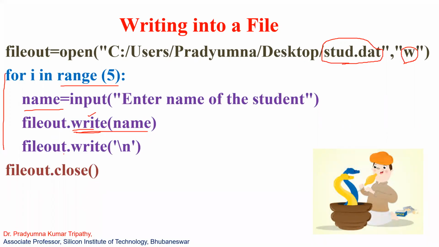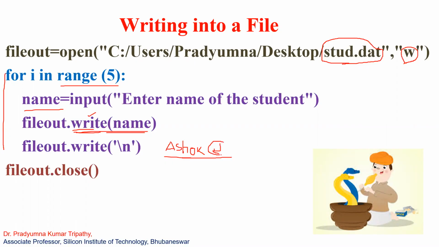After writing the name, it writes the \n character also. Suppose you have inputted some name, like Ashok. This name is being written, and along with that, the \n is also written into the file.